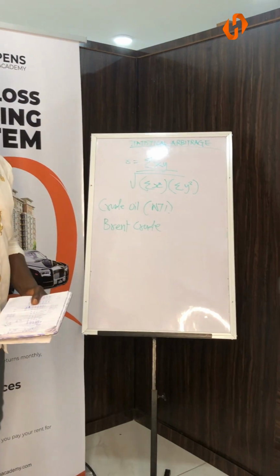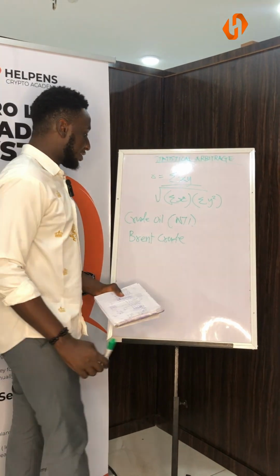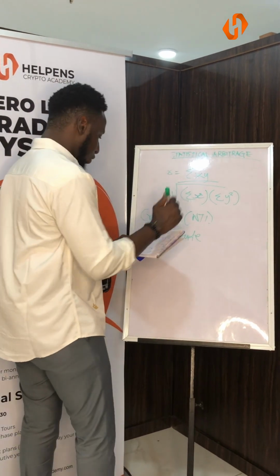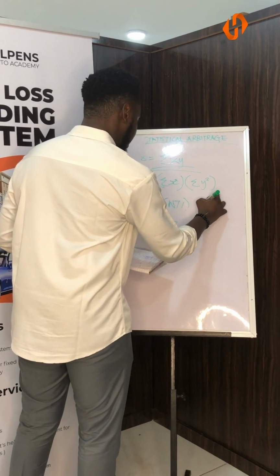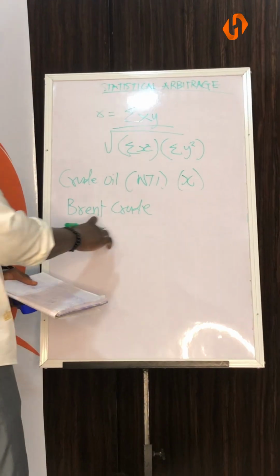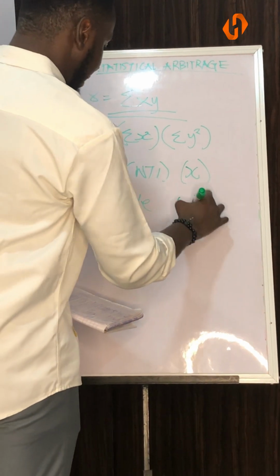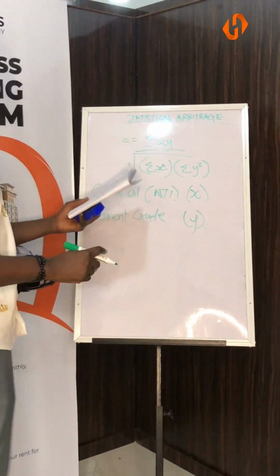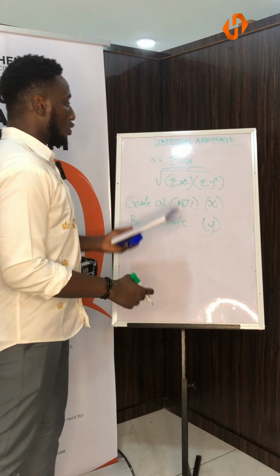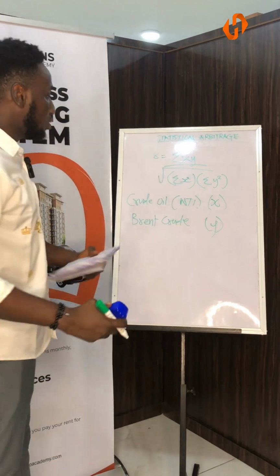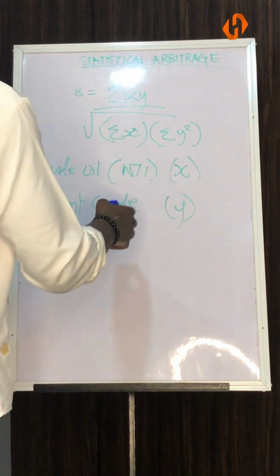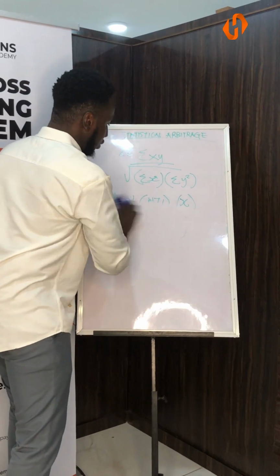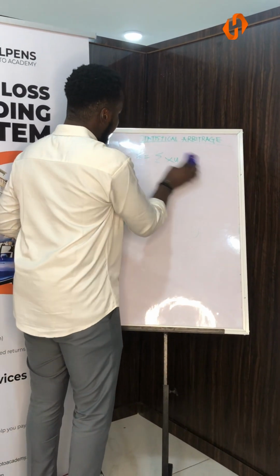These two assets, of which the crude oil is asset X, while the Brent crude is asset Y. So for me to proceed, I'm going to wipe the board, or you can take note of the formula and the two assets that we're making use of, so we can go into the calculation proper.